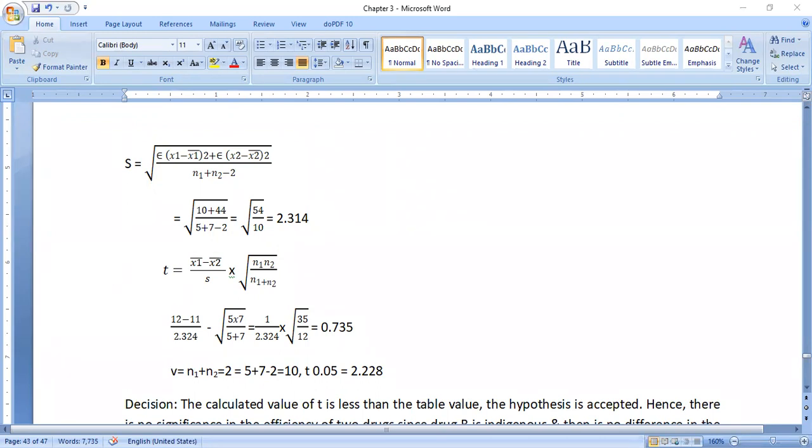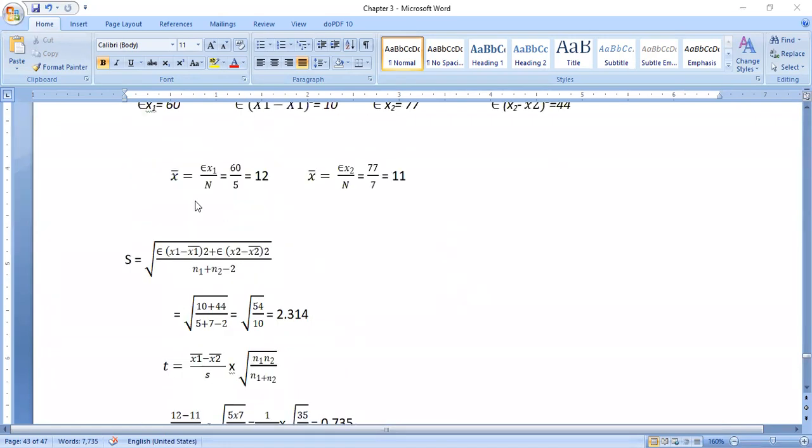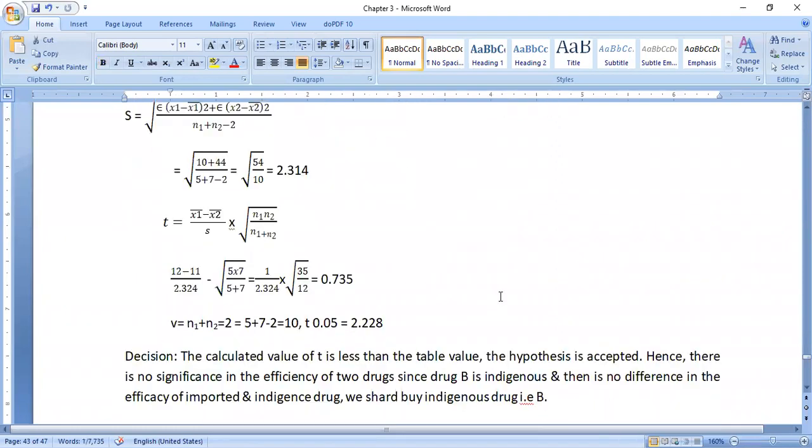We got the x bar 1 and x bar 2 values here, and these values will be taken. So the calculation is done here: 12 minus 11 divided by S, and the S value is 2.314, then into under root 5 into 7 divided by 5 plus 7. Then finally you get the value here.